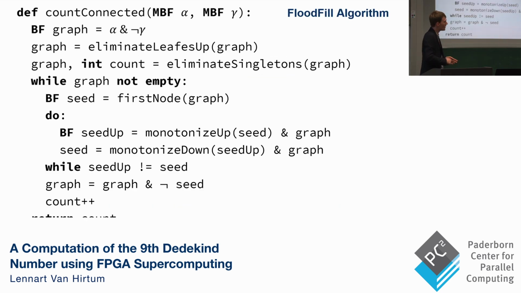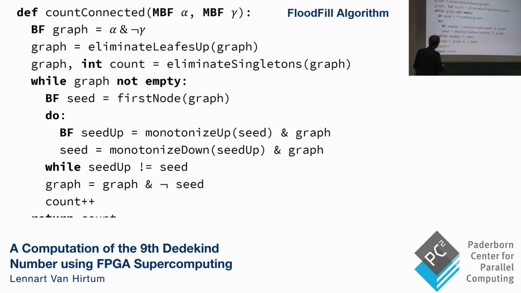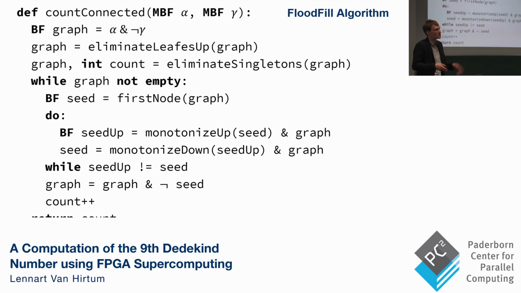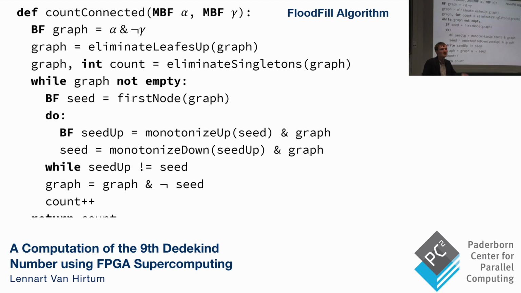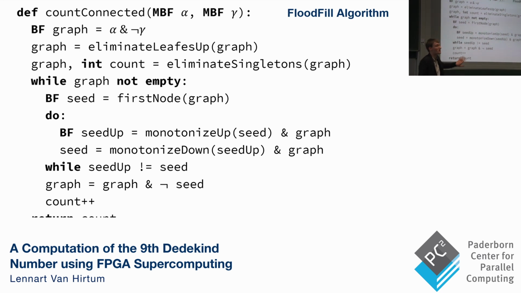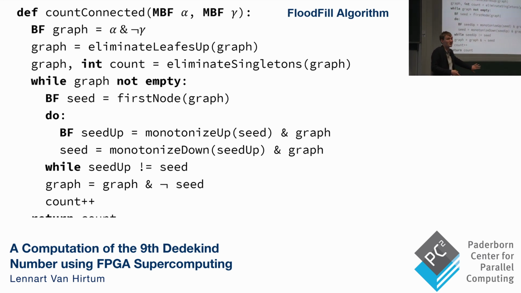If you know a bit about computers, this while branch branches up maybe 50% of the time, down maybe 50% of the time. This one here also has maybe a 70-30% ratio. This is terrible for branch prediction. So CPUs are really bad at executing this code, and I've tried optimizing this for CPU, but it's not easy.